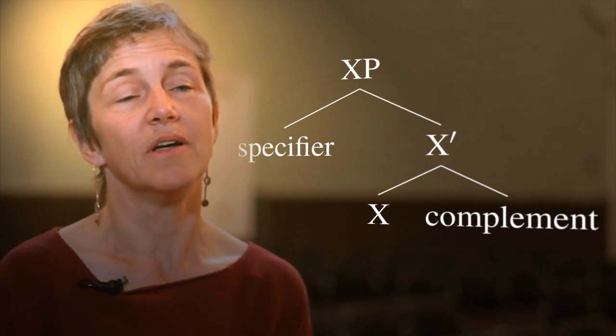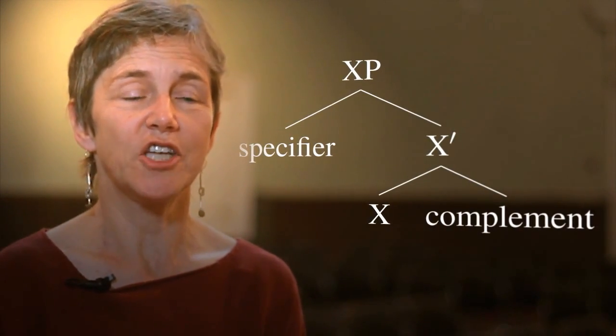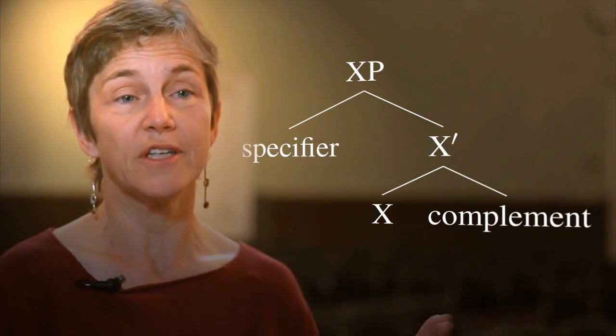So you'll see DPs everywhere. But that's not important for the point here. We're going to look at DPs and NPs later. The point is just that this X-bar schema is intended as a general scheme for phrases of different categories.